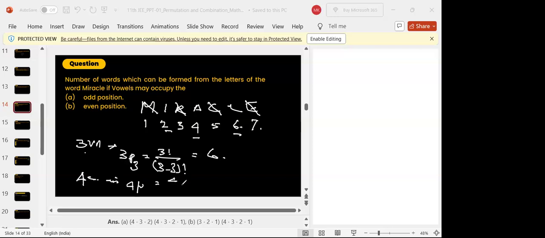That is 4P4, which is 4 factorial, that is equal to 24. So 24 into 6 remains the same, 144. That is 4 factorial into 3 factorial. Very good answer.